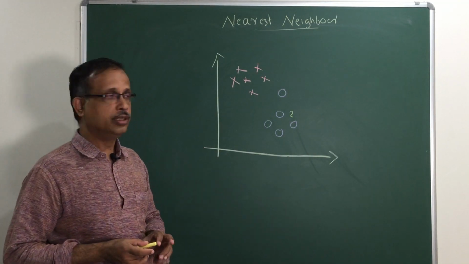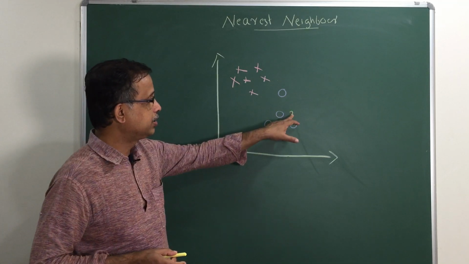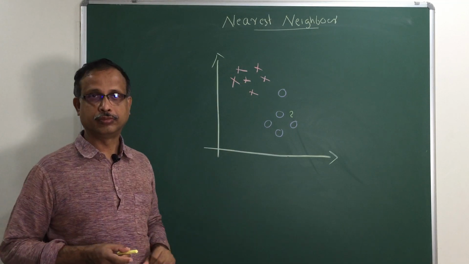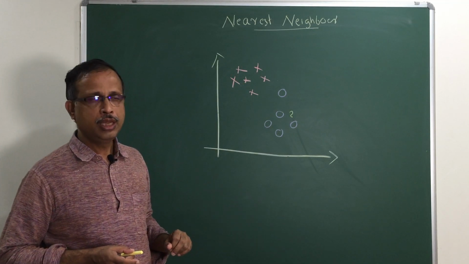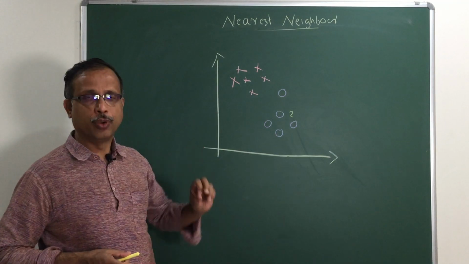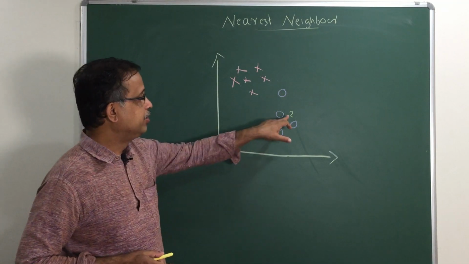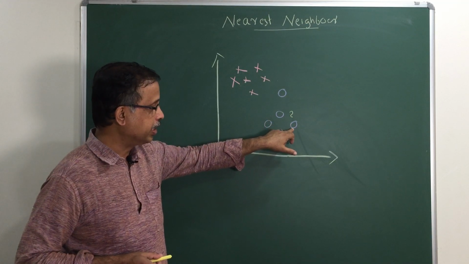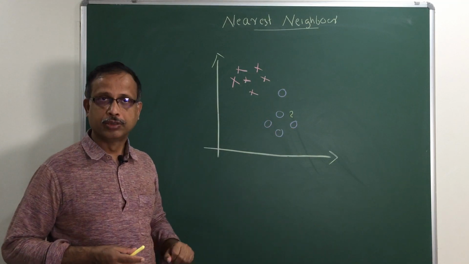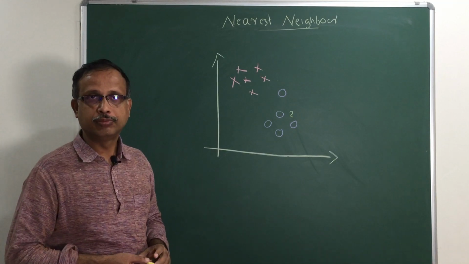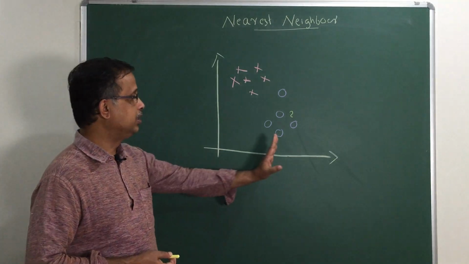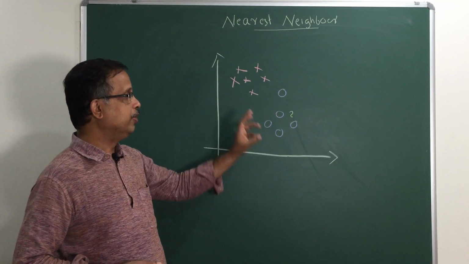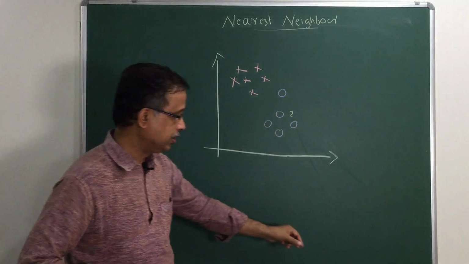We ask the question, is this apple or orange? I think by looking at the picture, the answer is quite obvious. This fellow will have to have the label of the nearest friend because they are very, very similar. They have very similar color and density, so we say that this is an apple.